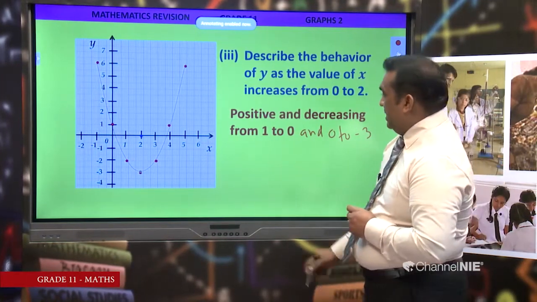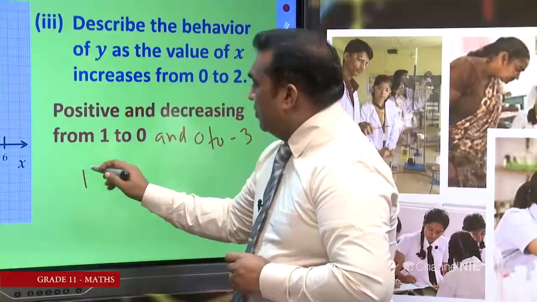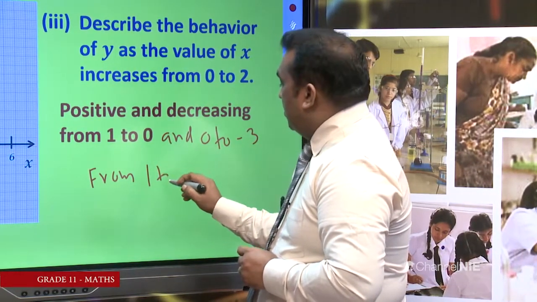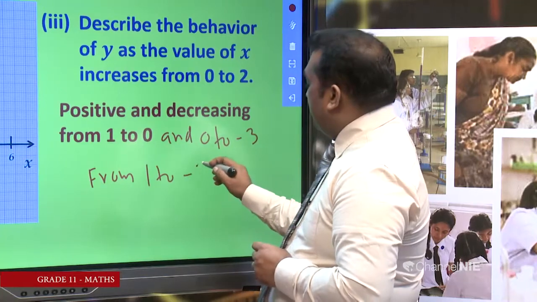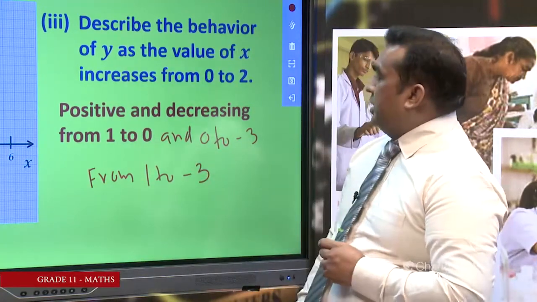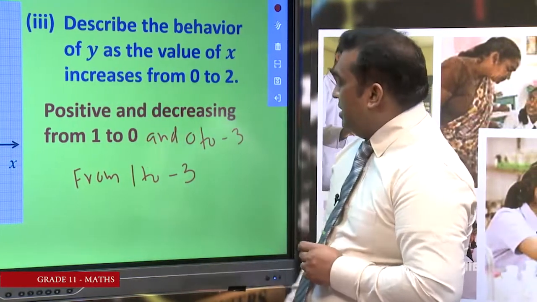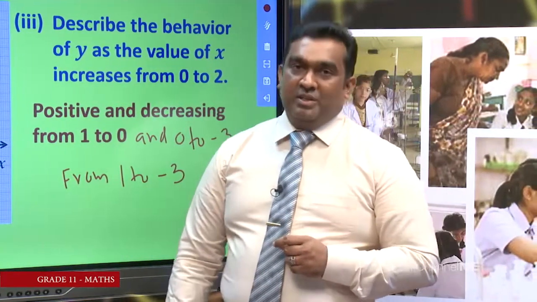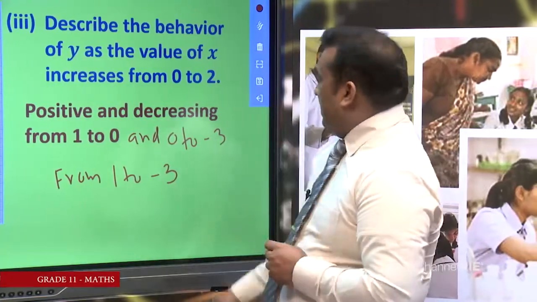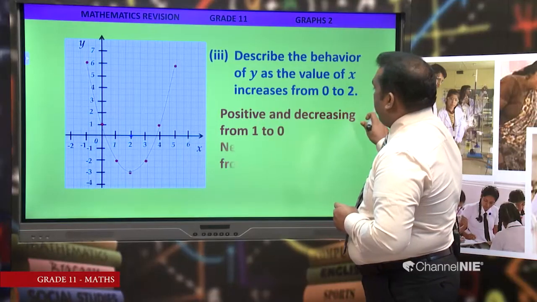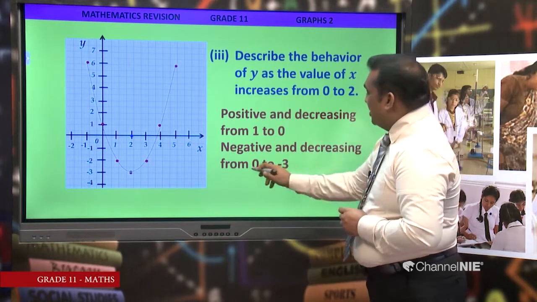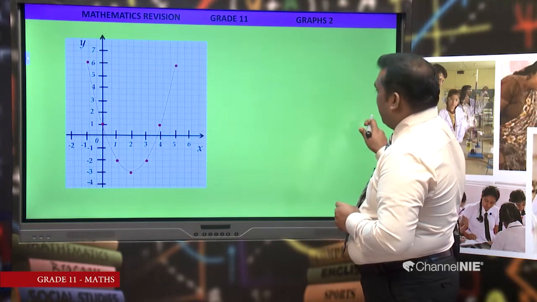Finally, from 1 to -3: positive and decreasing from 1 to -3, that is the behavior of the curve. Negative and decreasing from 0 to -3.